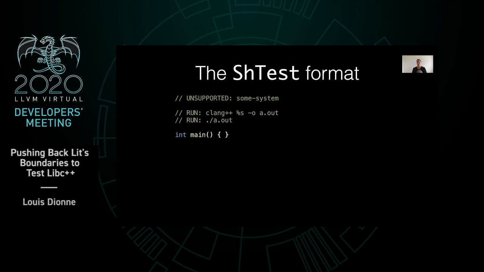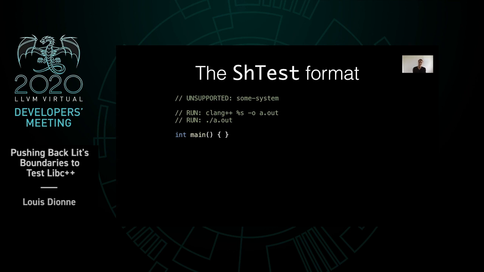So essentially, lit will parse the run lines as shell commands, and it's going to execute each line individually. And then if any of the lines of these commands basically returns a failure error code, then the test as a whole is considered to fail.